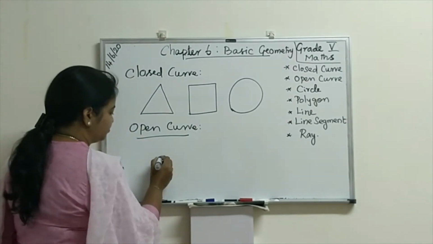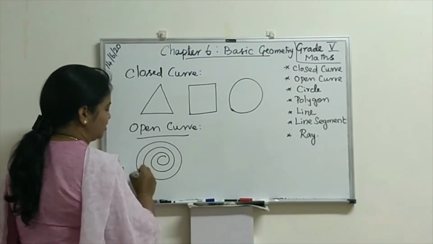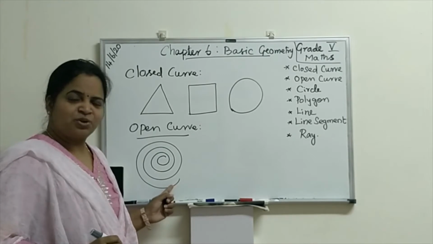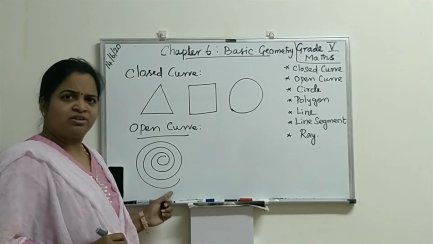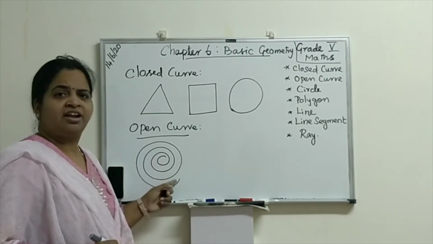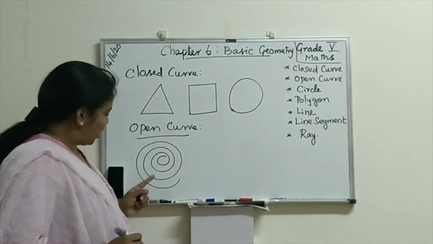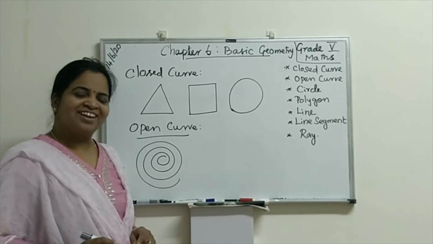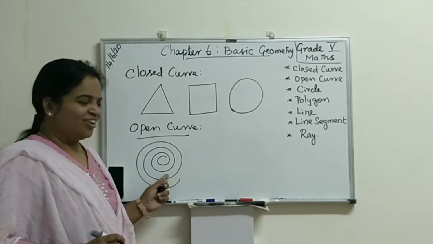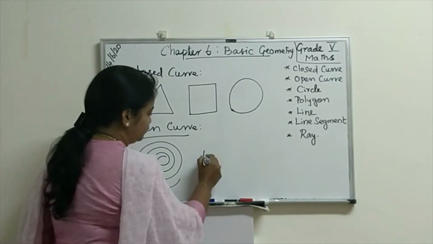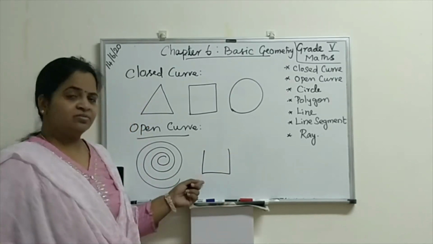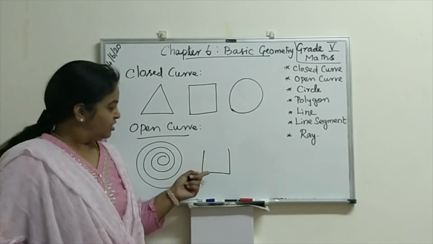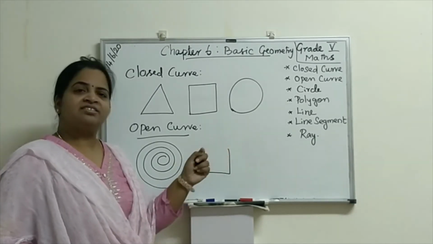See, this one, is it a closed curve? It doesn't end at the starting point, right? How does it look? It looks like a muruku, right? Okay, then this one, it starts here, ends here.